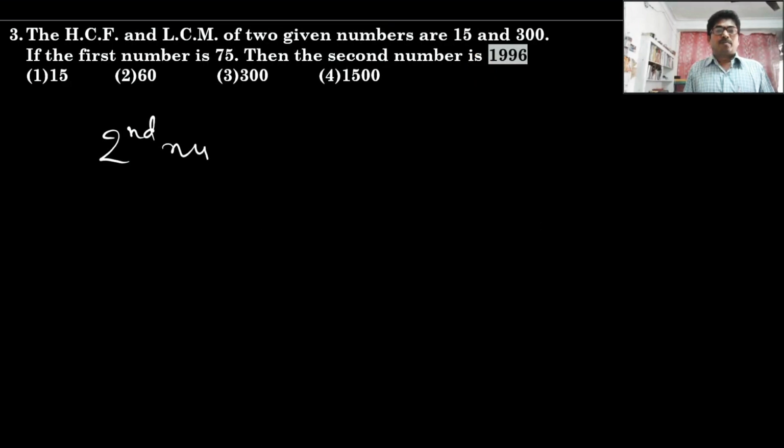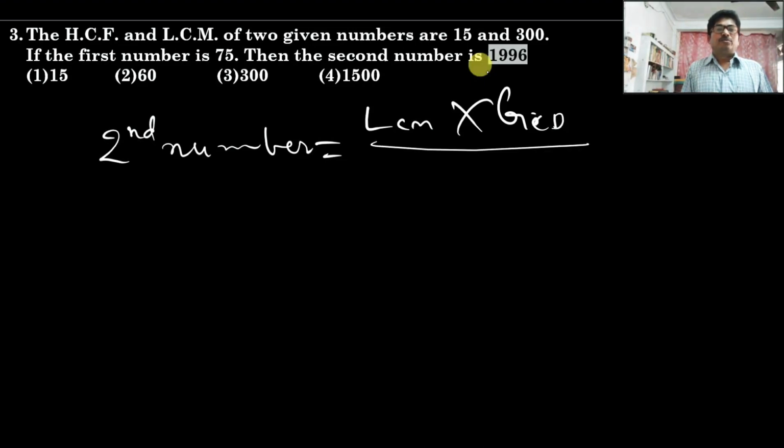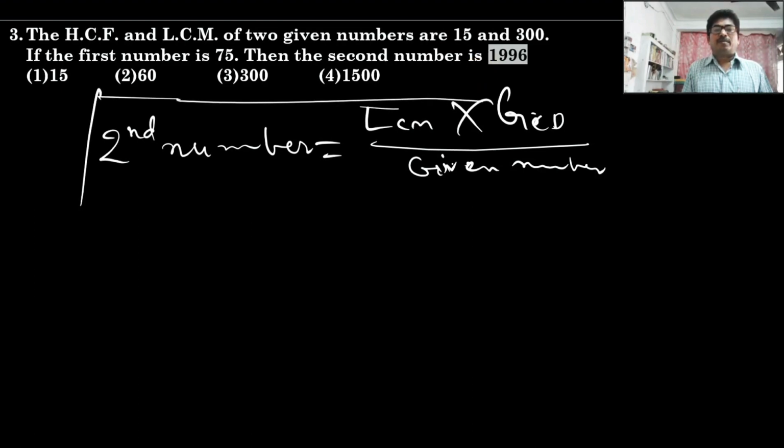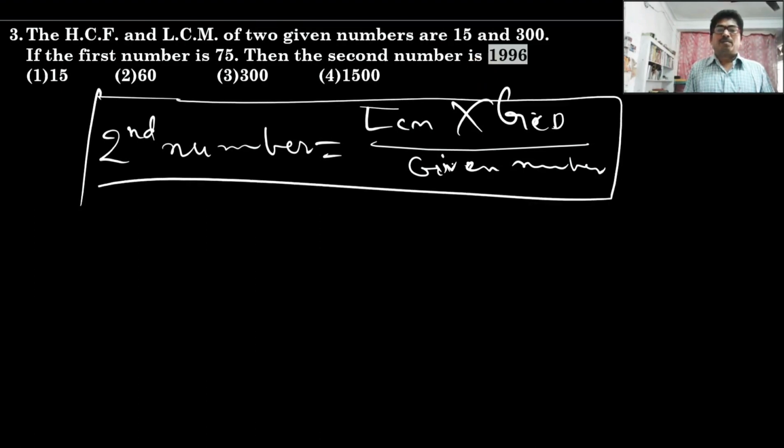It is equal to LCM into HCF divided by the given number. This is the formula for finding the other number.